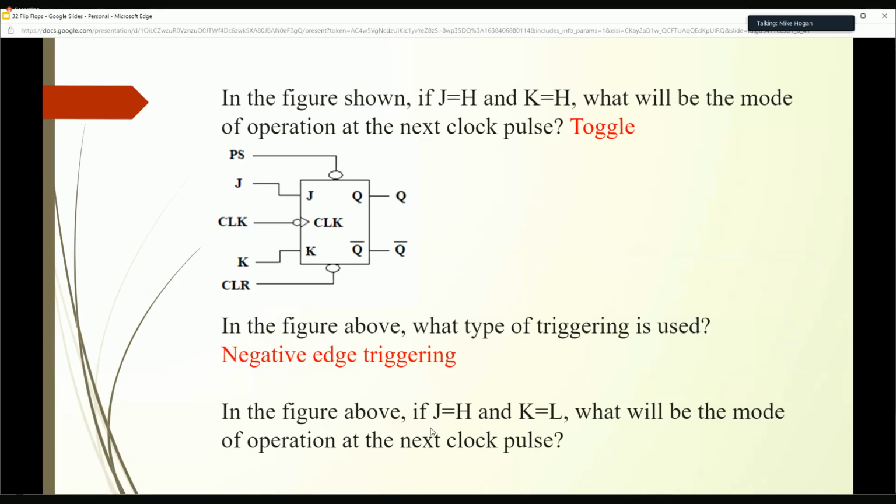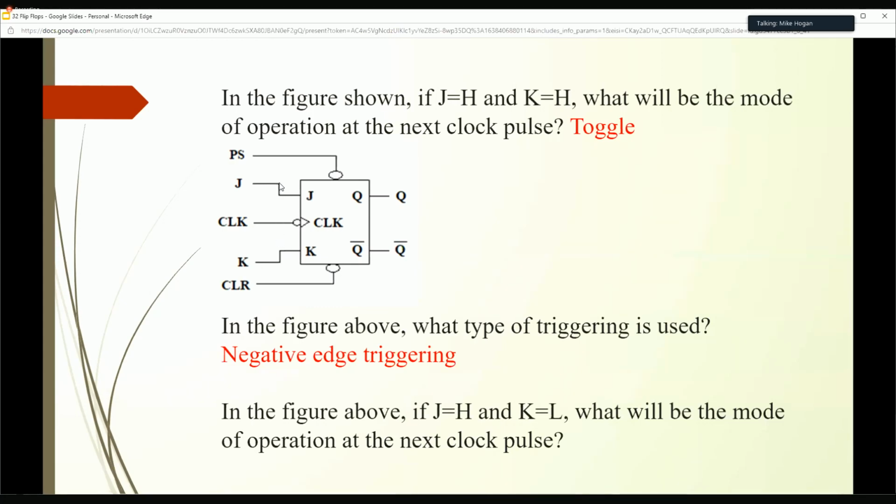In the figure above, if J is high and K is low, what will be the mode of operation at the next clock pulse? So if J is high, K is low, which one of those are going to be active, J or K?